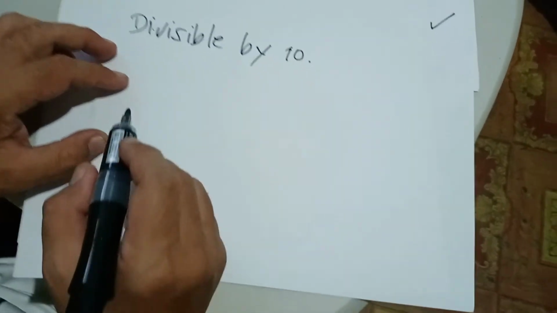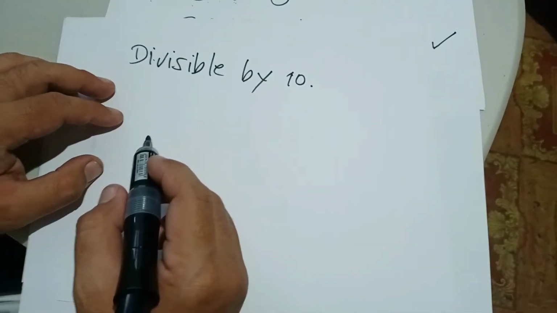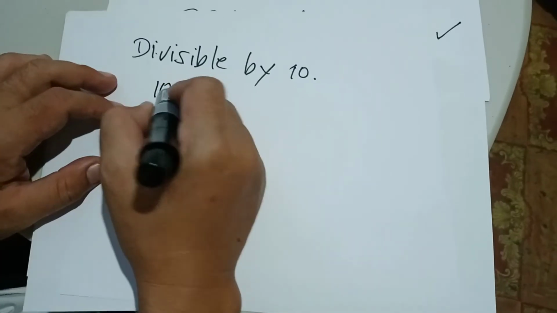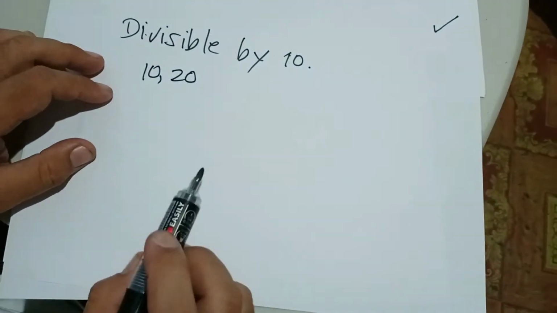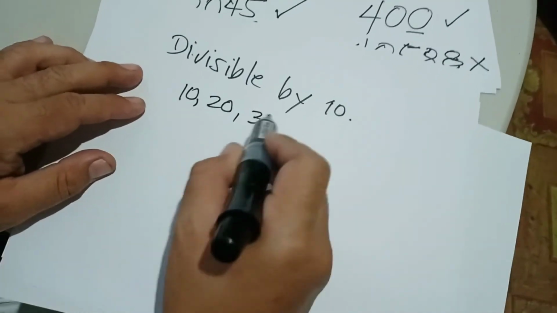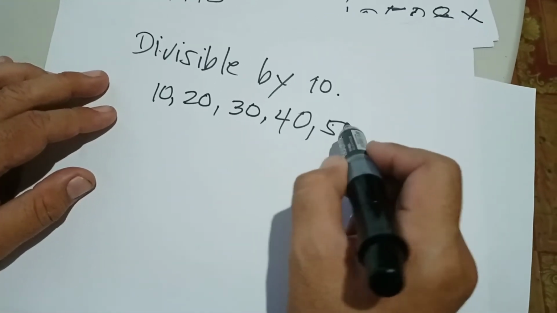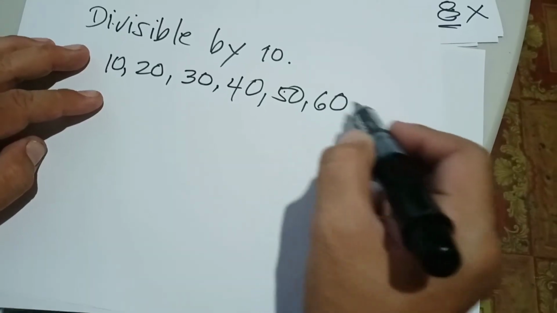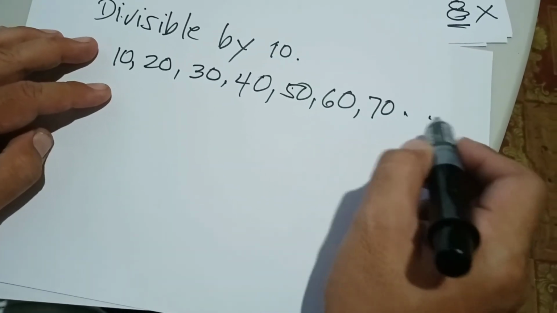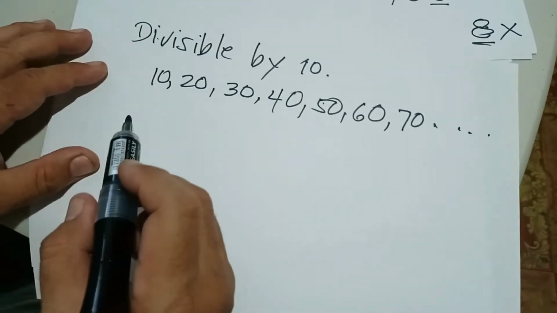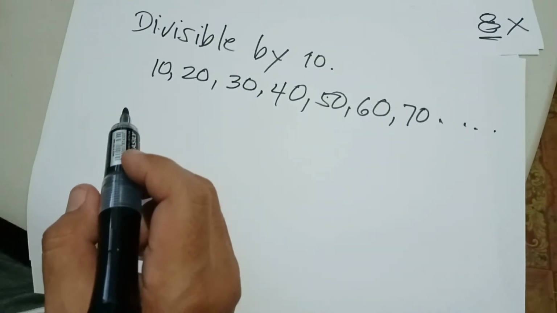So, the same way, balikan natin. What are the multiples of 10? We have 10, 20, right? We have 30, 40, 50, 60, 70, and so on. Right? 80, 90, 100.